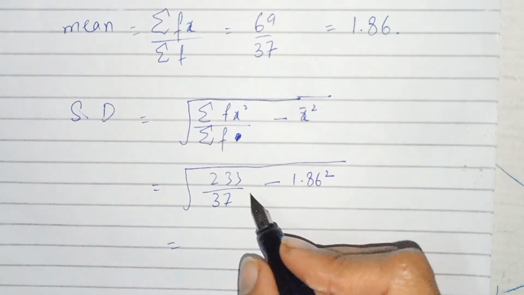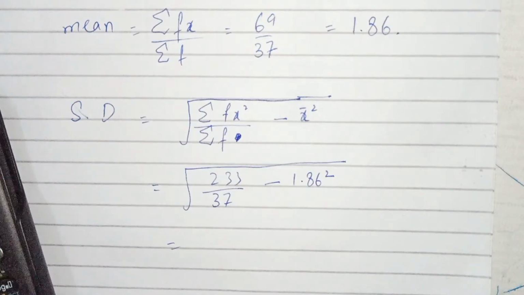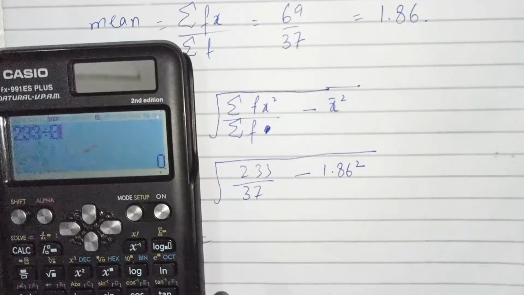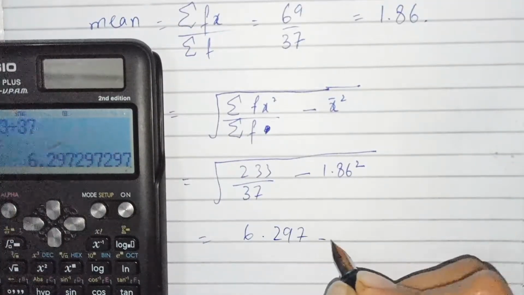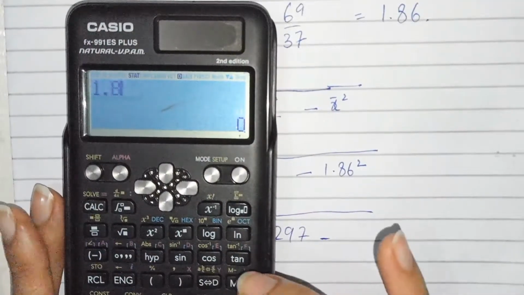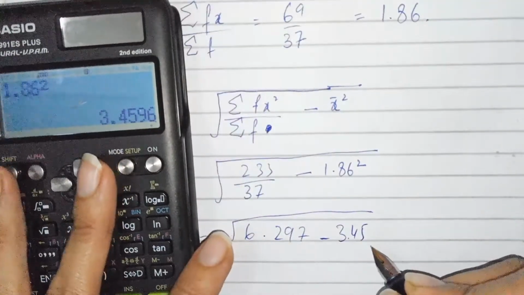Now we have to solve it. 233 divided by 37, we get 6.297, minus 1.86 square, which is equal to 3.54.